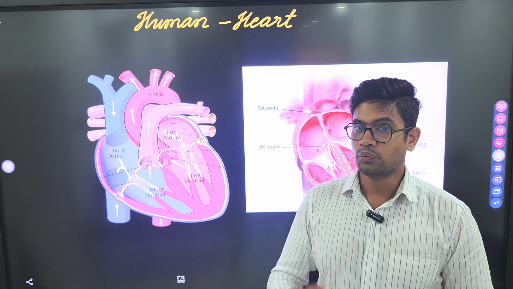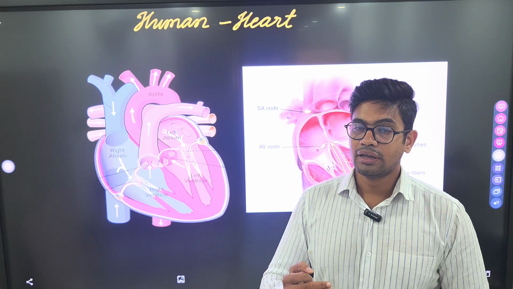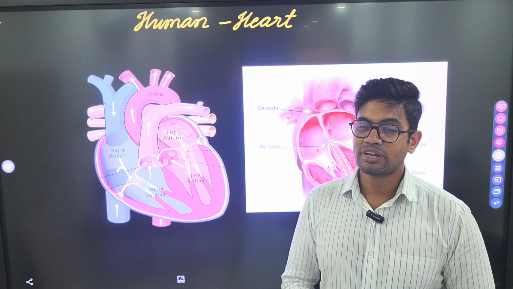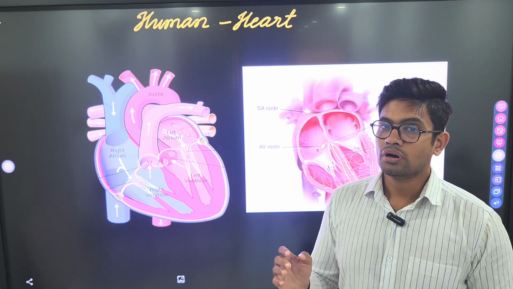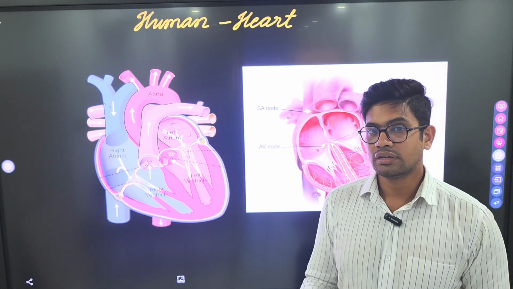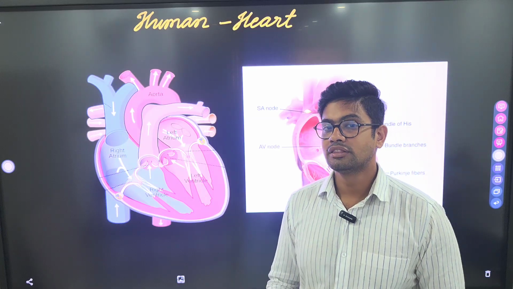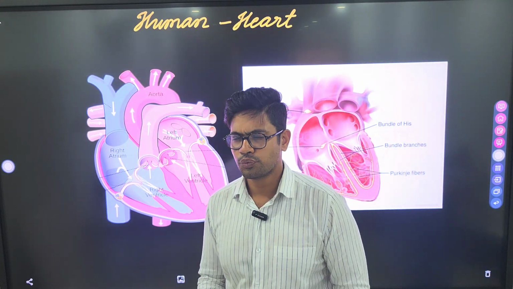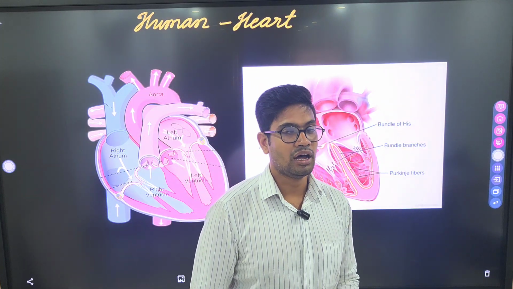One cardiac cycle means one heartbeat, and in a healthy human being the cardiac cycle is completed almost 72 times. So there are 72 heartbeats per minute in a human being, or completion of 72 cardiac cycles. When we multiply the stroke volume with the number of cardiac cycles, we get the cardiac output, which is close to 5 liters of blood being pumped in the body by the heart every minute.